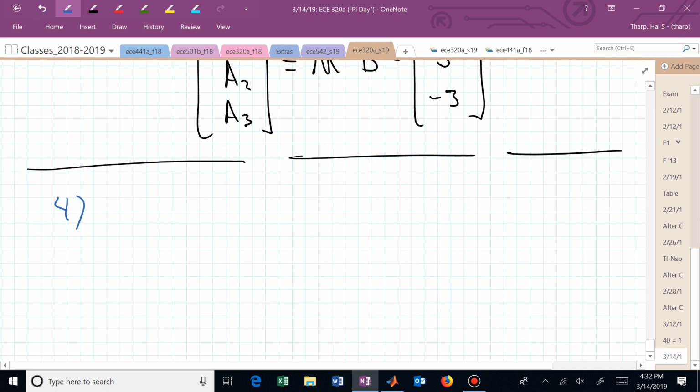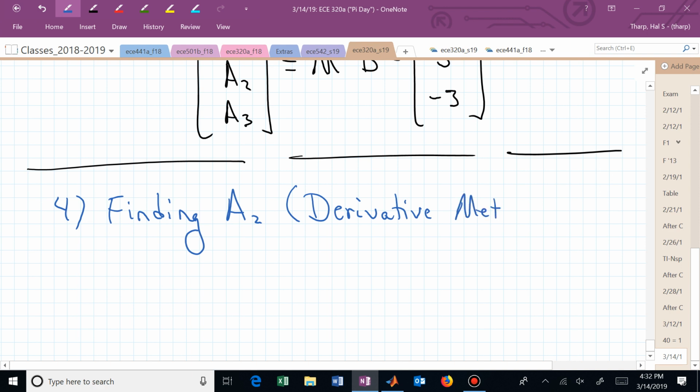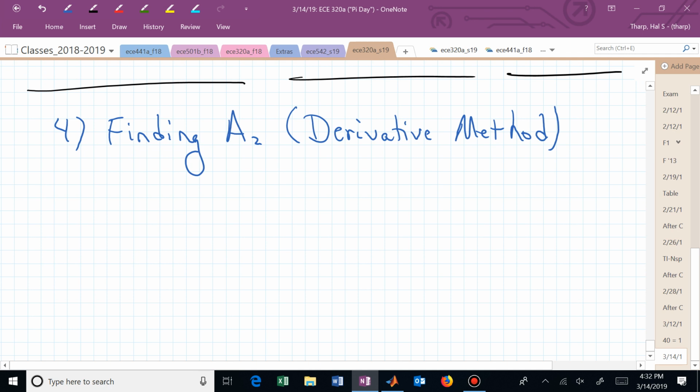We have one more strategy for finding A sub 2. Strategy 4. And this is the derivative method. Where did everybody go? Oh, I started talking calculus and everybody disappeared.